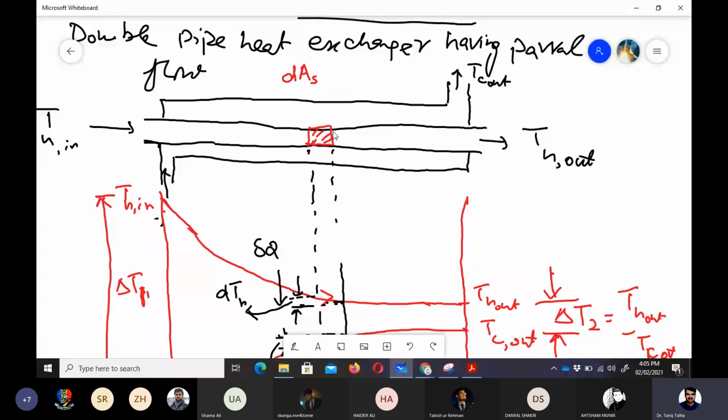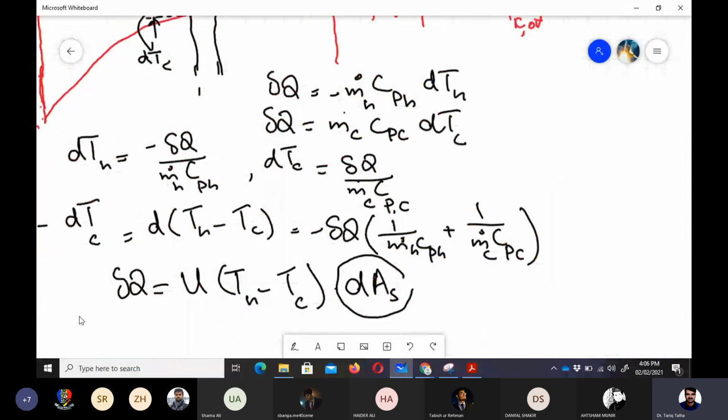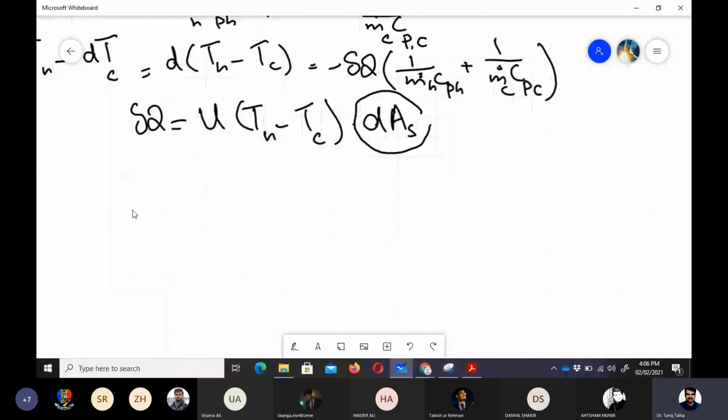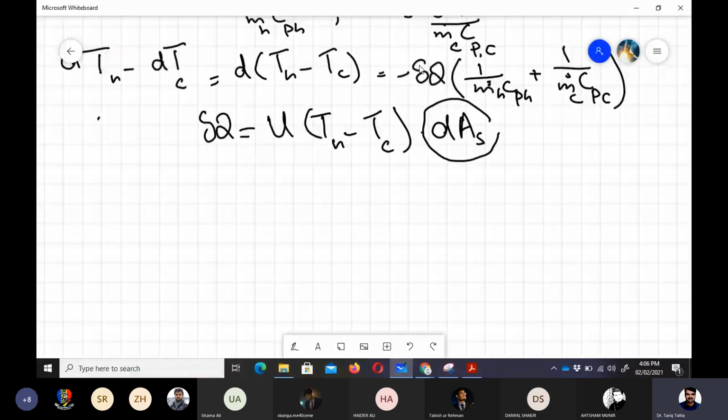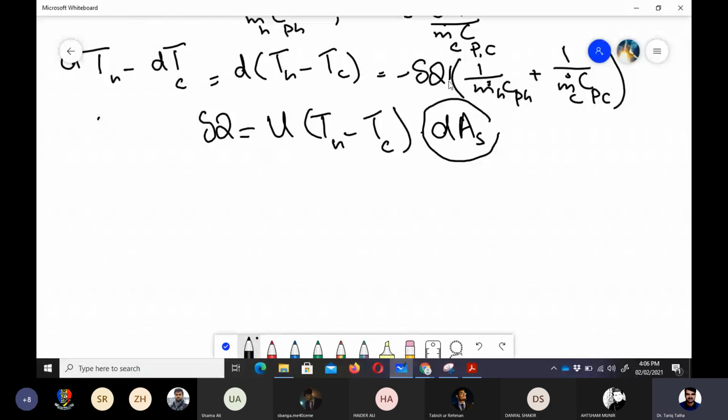So this red surface area is of that differential element which we have taken for the analysis of this heat exchange.